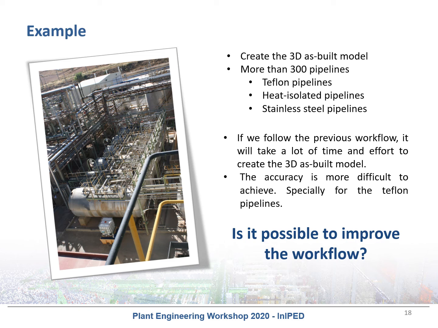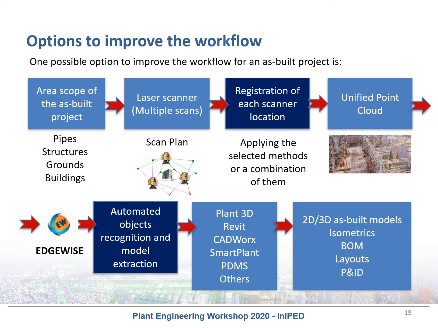I have great news because both solutions can be applied, because there are two softwares in the market that can easily help you. In both cases, we will have to improve the workflow. Edgewise is the tool that automates object recognition from the point cloud and then can easily be exported to the 3D piping software.